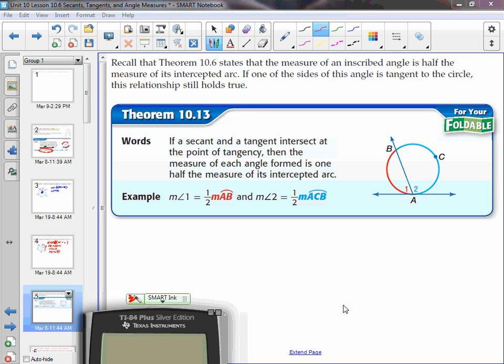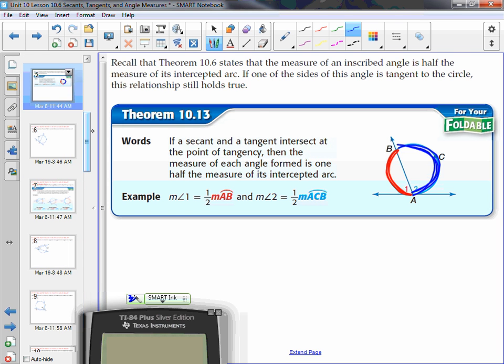So, in this figure, the measure of angle 1 is half the measure of that red arc, arc AB. The measure of angle 2 is half the measure of this blue arc, arc ACB. Okay? So, these angles work like inscribed angles. And I want you to think of it that way because the vertex of an inscribed angle is on the circle. The vertex of these two angles is on the circle. So the measure of the angles is half the measure of the intercepted arc.